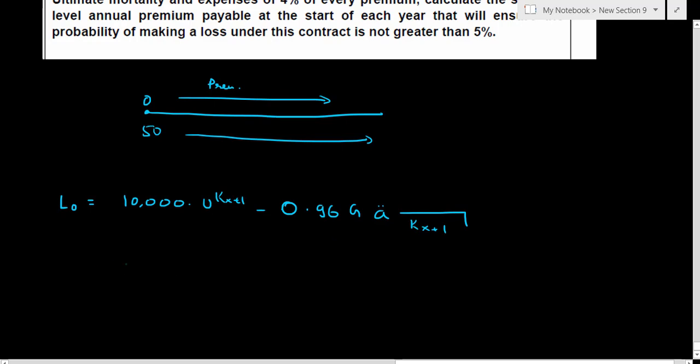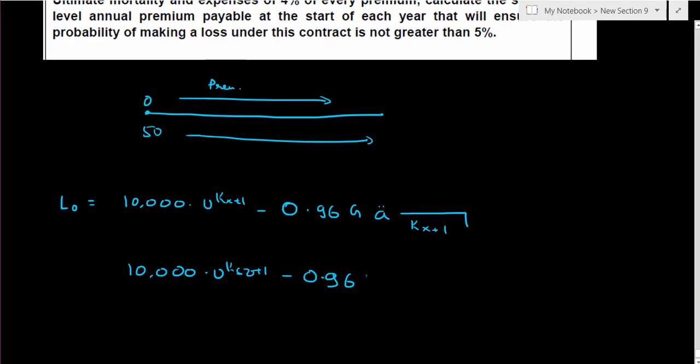Now x is 50, so let's write this again. This is 10,000 v^(K_50 plus 1) minus 0.96 G ä_(K_50 plus 1). So this is my loss at time 0, and I'm calling it L0.